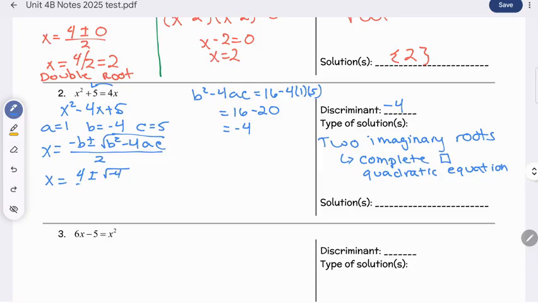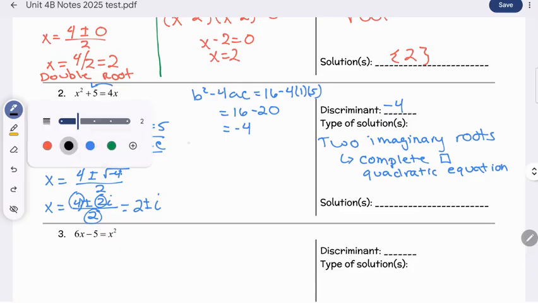So we can just put that in there, all over 2. Right? That is going to be x is equal to 4 plus or minus 2 times i over 2. Right? The reason this is 2i is because the square root of 4 is 2, and we have a negative in there, and that is what gives us our i. Right? 4, 2, and 2 are all divisible by 2, so we can simplify this to be 2 plus or minus i.